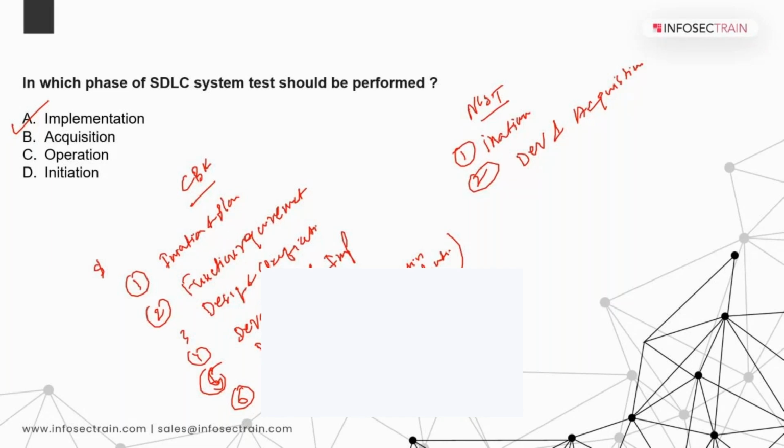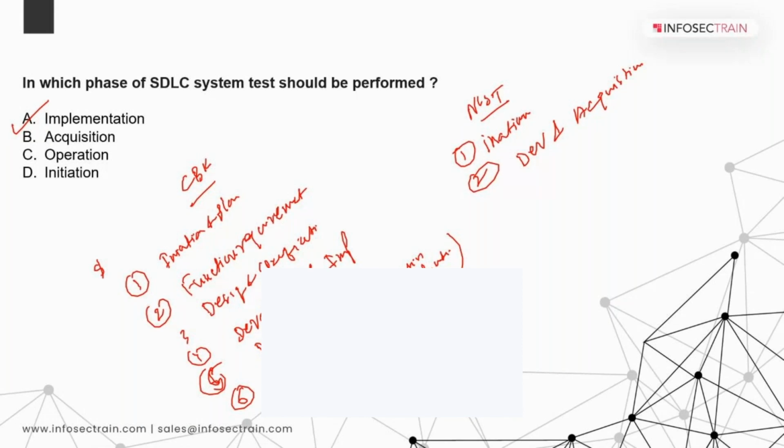Sometimes you may get management approval, but your product will fail in certification. Sometimes you will get certification, but it will fail in accreditation. So always remember, certification is a technical evaluation, and accreditation is a management approval.